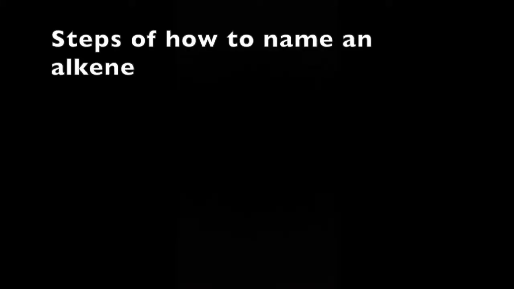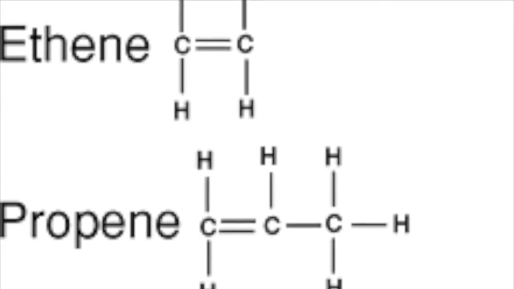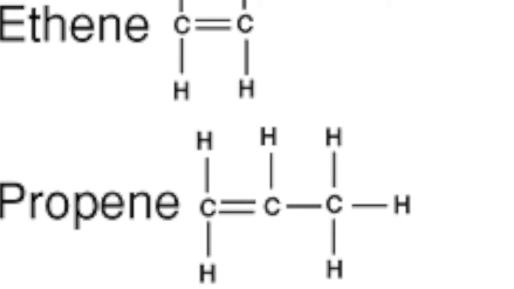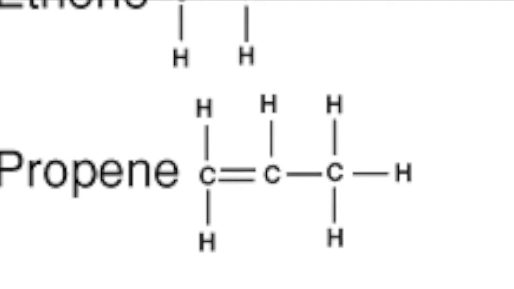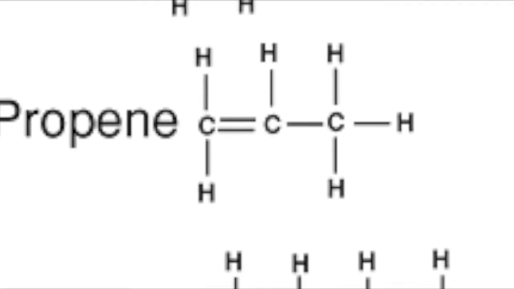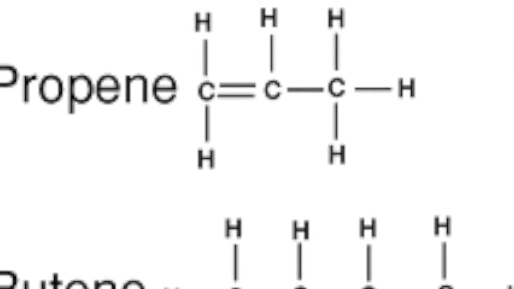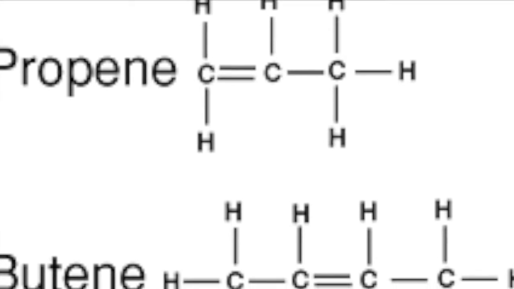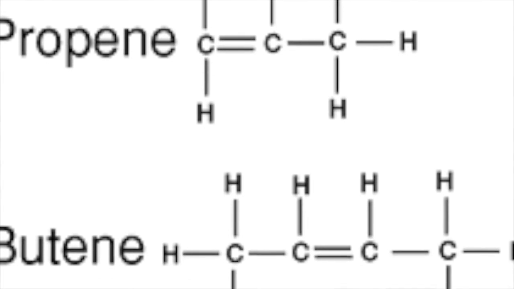The steps to name alkenes are: number 1, locate the longest carbon chain that contains the double bond and name it according to the number of carbons with the suffix "-ene". Number 2, number the carbons of the parent chain so the double bond carbons have the lowest possible number. If the double bond is equidistant from each end, number so the first substituent has the lowest number.